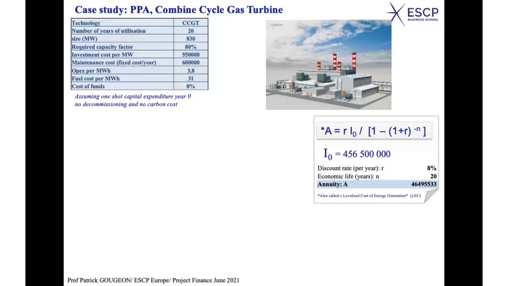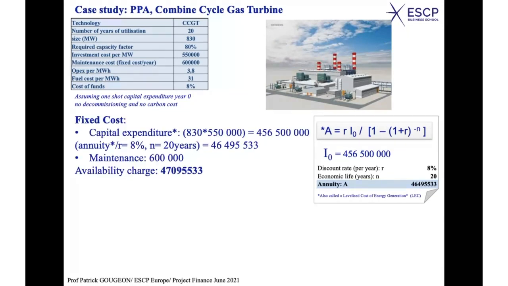Okay? So how can we determine this here, in this case? Well, what is the amount to be invested? The amount to be invested, the capital expenditure, is 456,500,000. Okay, why? Just because we need to spend 550,000 per megawatt, and the plant corresponds to 830 megawatt. Okay, so this is the capital expenditure.